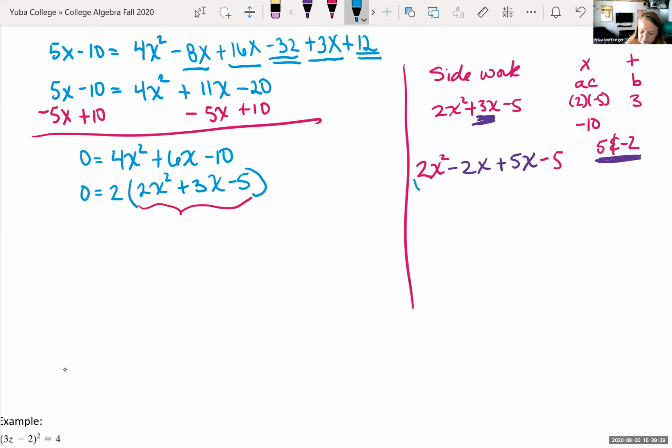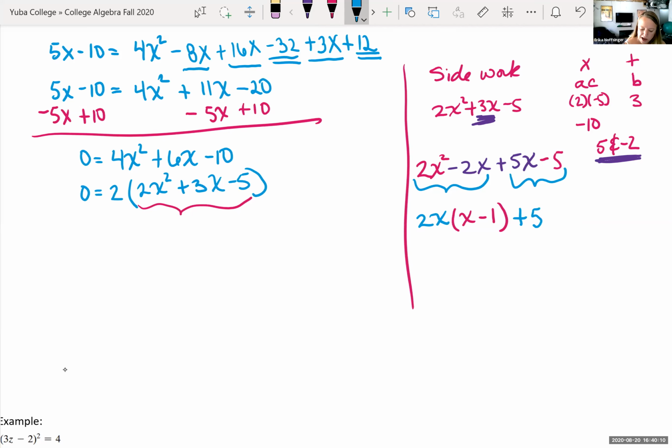So now group the first two terms together, the last two terms together, and pull out what they have in common. In the first two terms, 2x squared minus 2x, those both have a 2x in common. If you pull that out, you're left with a single x, and then you're left with a -1. So 5x and -5, the last two terms, those both have a +5 in common.